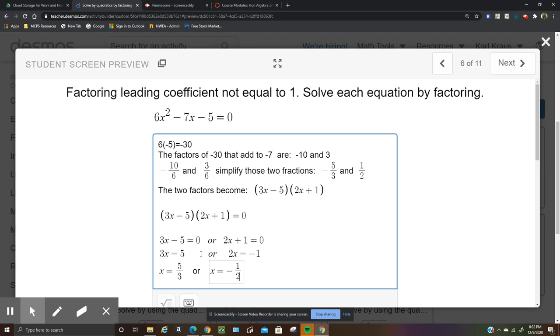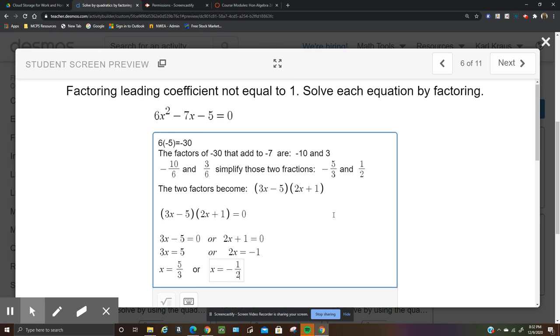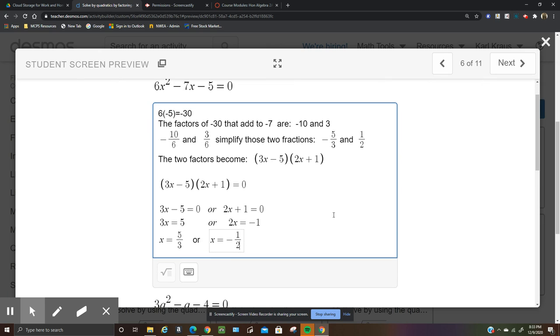Or you could just take the opposite of these two things here. Negative 5/3, the opposite would be positive 5/3. Opposite of 1/2 is negative 1/2. So if you multiplied this back together, you would end up with 6x squared minus 7x minus 5.